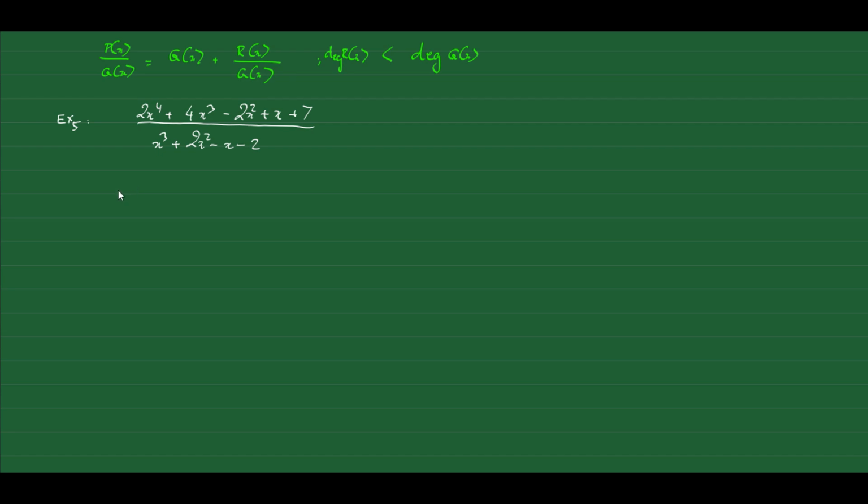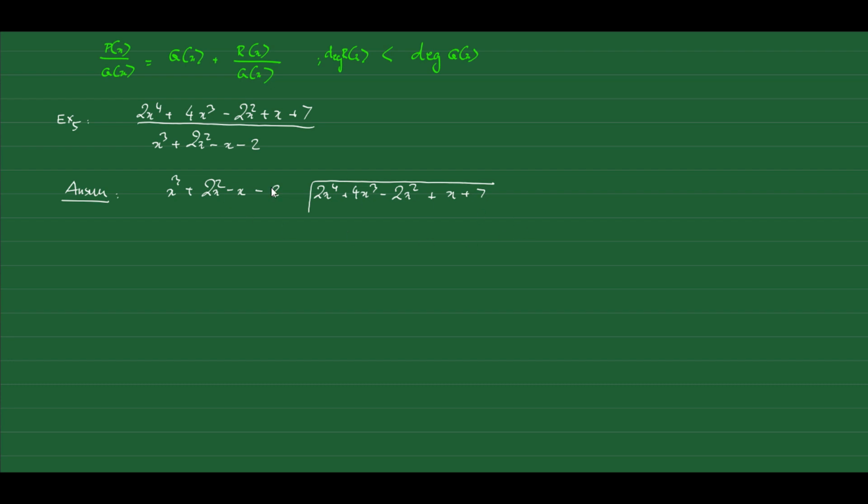We don't have any other choice. So we set up a long division: x to the 3rd plus 2x squared minus x minus 2, dividing into 2x to the 4th plus 4x to the 3rd minus 2x squared plus x plus 7.